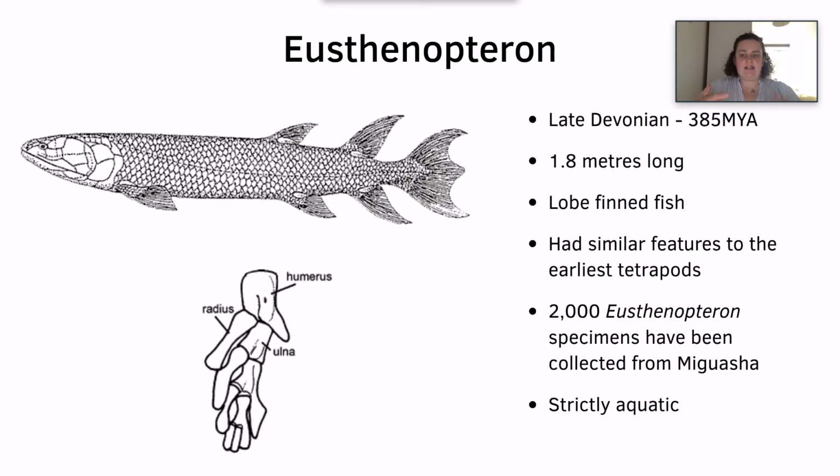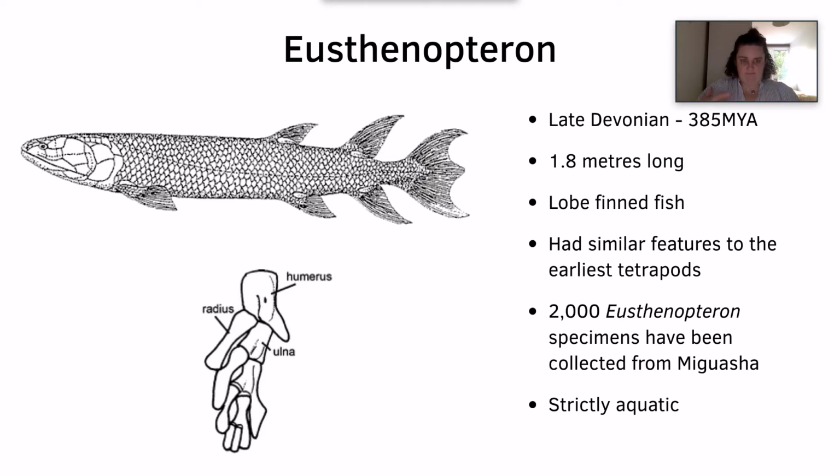It also had characteristic teeth, known as labyrinthodont teeth, which means that their enamel is folded. They also had internal nostrils, and the bones in its pectoral and pelvic fins could be analogous to that of our limbs. So, for example, the humerus, radius, and ulna, and the tibia, fibula, and femur.